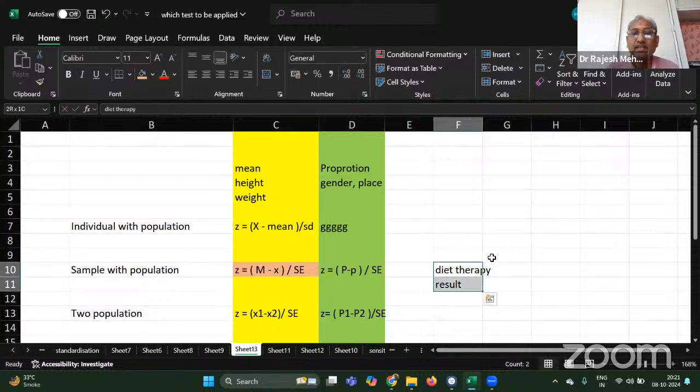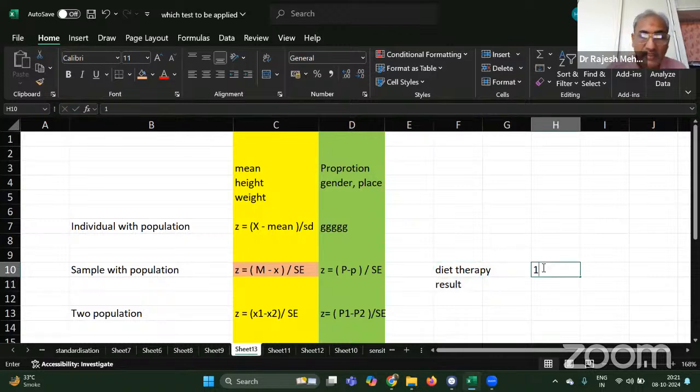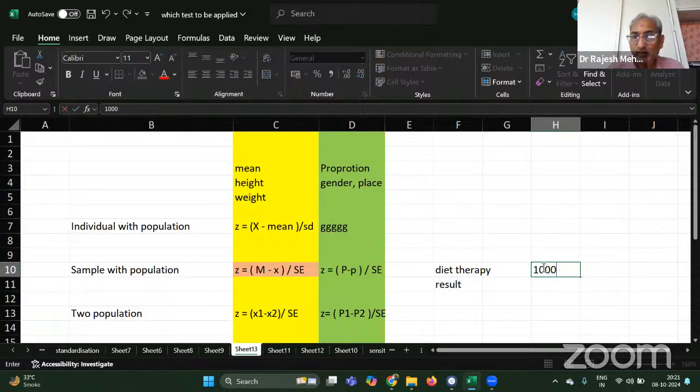In diet therapy, I have 1,000 population where I am using the diet therapy. And there's another 1,000 population where I am using physiotherapy.